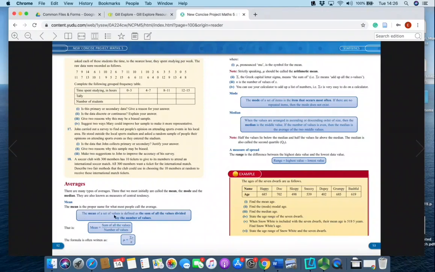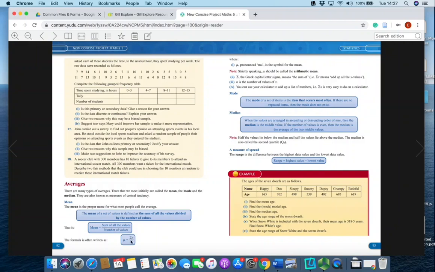The mean is a fancy word for average. So you add up all the values and you divide by the number of values. Okay, so the sum of all the values over the number of values. It's often called mu. Mu is a Greek letter, and sigma is also a Greek letter, and it means the sum of.